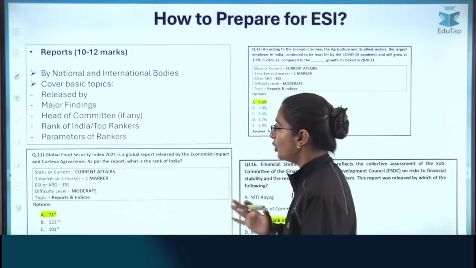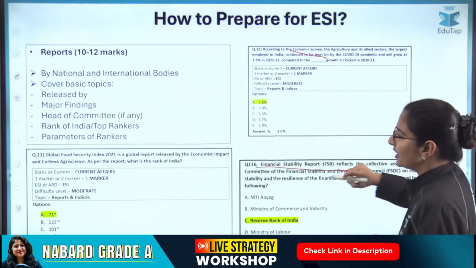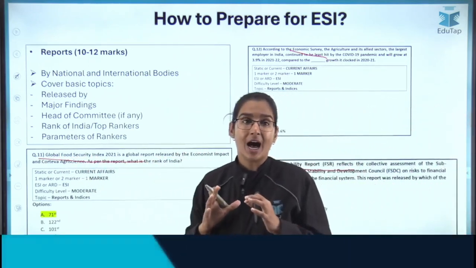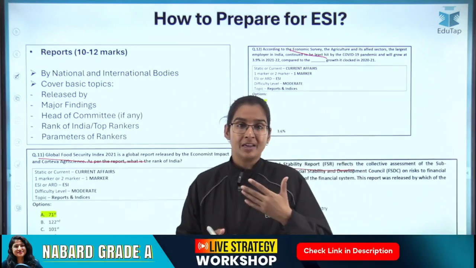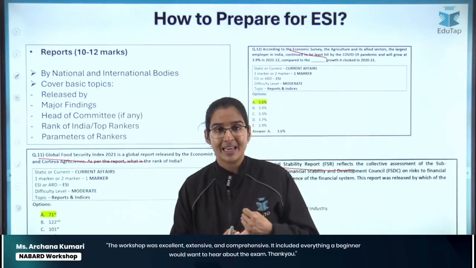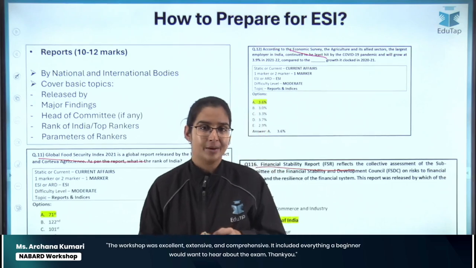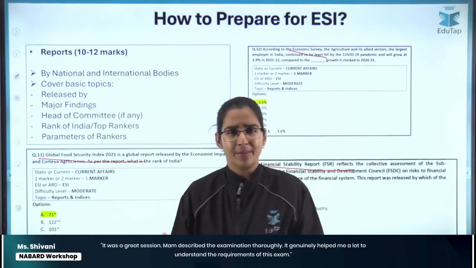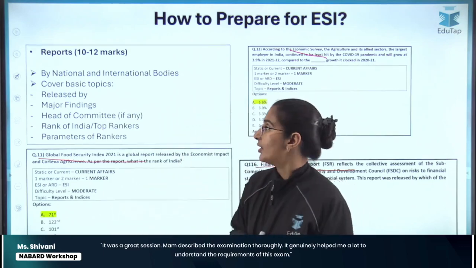If you have a look at all these questions, the Economic Survey, Financial Stability Report, and the Global Food Security Index, the reports are majorly asked from those released by important national and international bodies. So if NITI Aayog releases any report, if RBI releases any report, if NABARD releases any report, and if any other international organization, IMF, World Bank, releases any important report, then that becomes important, right?